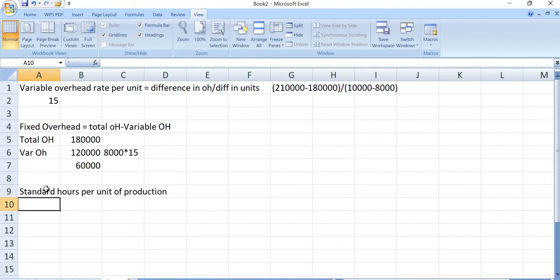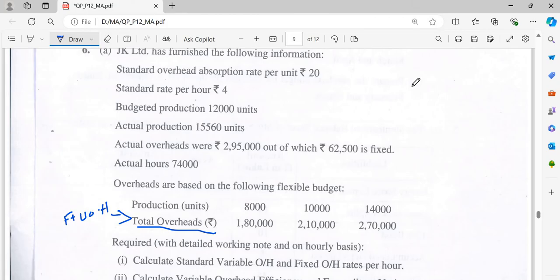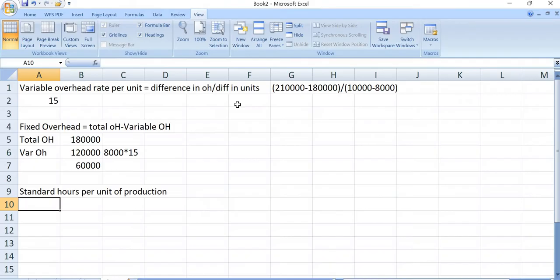Standard hours: here they have given standard overhead absorption rate is 20 rupees and standard rate per hour is 4 rupees. Based on this information, we calculate this standard overhead absorption rate divided by standard rate per hour.